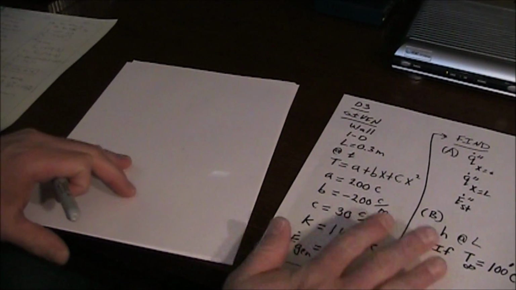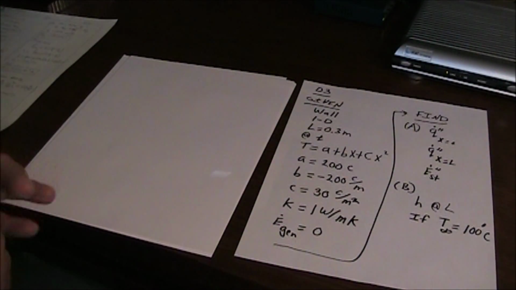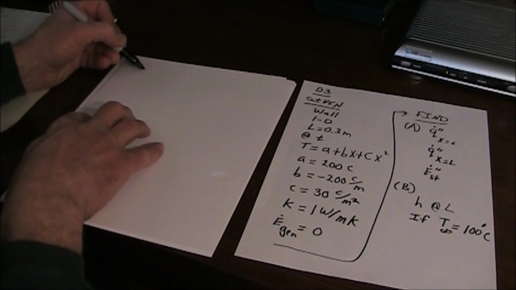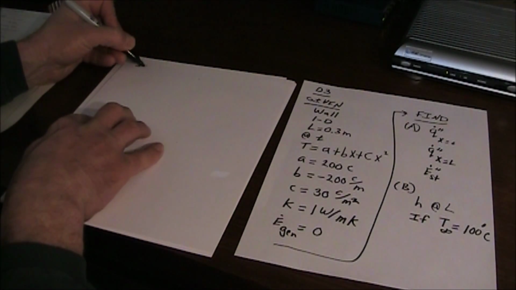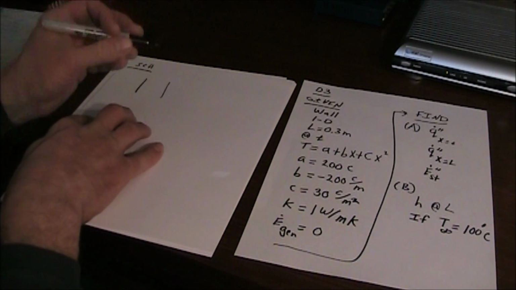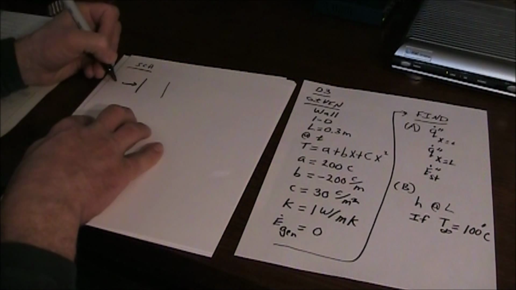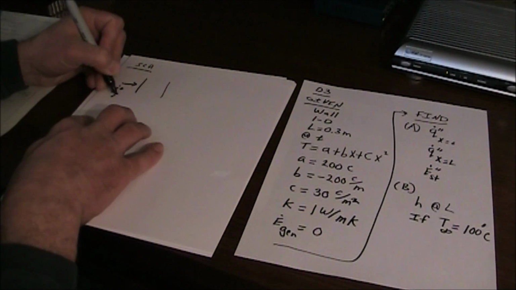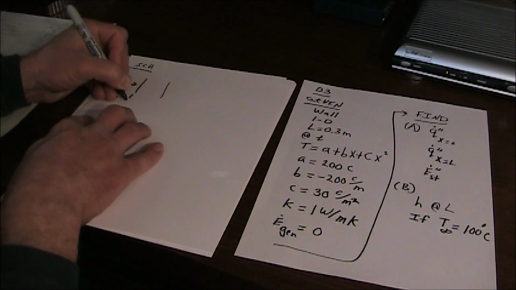So we'll start by looking at our geometry. We'll just call it a schematic here. So what we have is Q dot double prime in at x equals 0.